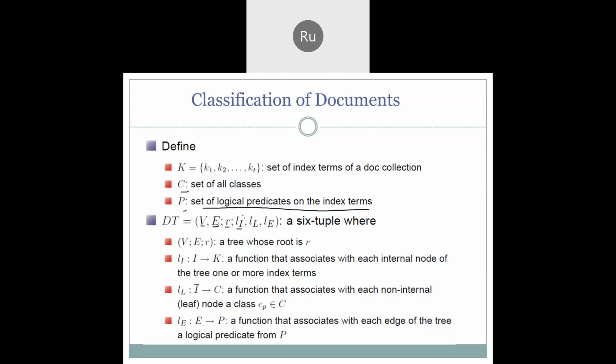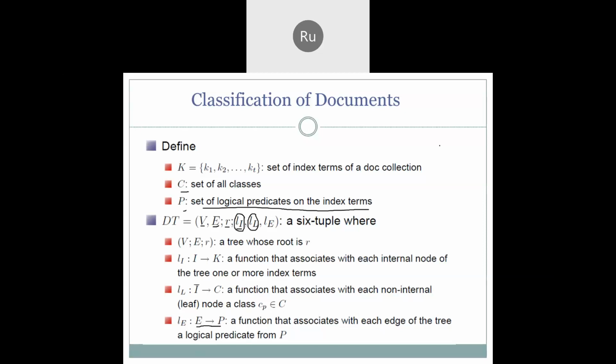Okay, so this is for the internal nodes, this is for the leaf, and E is P, a function that associates with each edge of the tree logical predicates. So this is basically looking at the full predicate of your rules.